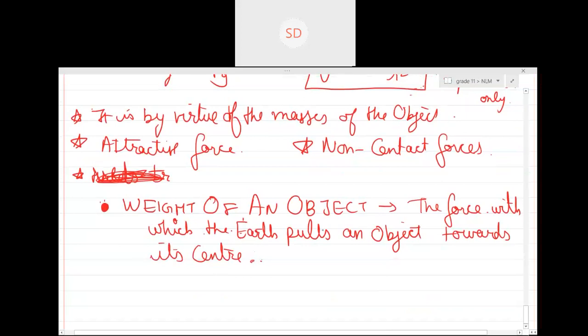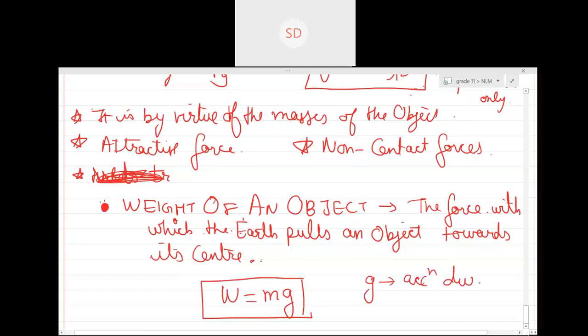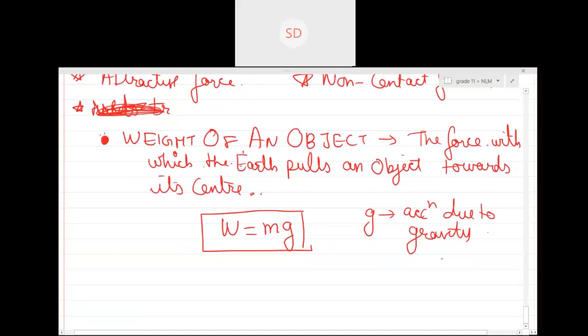And that force is basically called the weight. Is this clear? Weight is denoted by W and it is mass multiplied by g, mg, if you remember. And what is g? g is the acceleration due to gravity. Okay? Is this clear, guys?